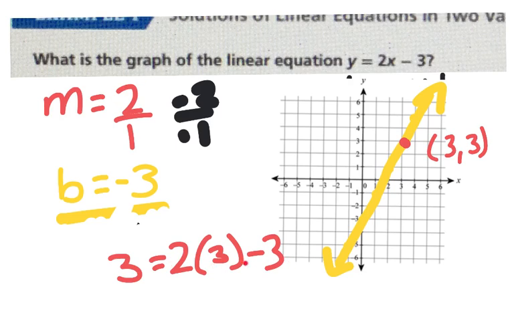Now let's see if the right side simplifies to give me 3. 2 times 3 is 6. 6 minus 3 is 3. So you see how 3, 3 was a valid point. It worked. And it was also a point that my line went through.